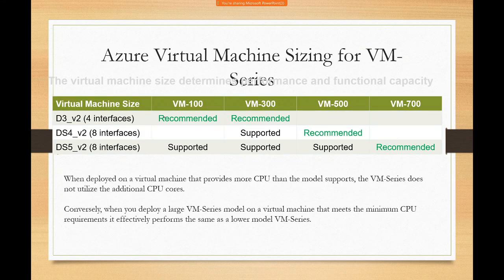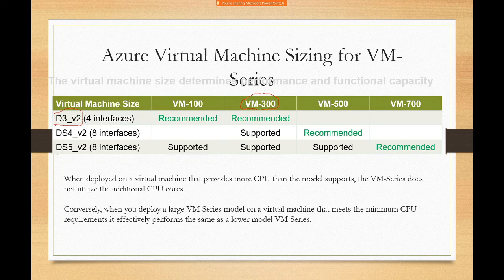It is highly recommended to follow this slide, especially for the deployment engineer. Let's assume you have deployed VM 300. In case of VM 300, you need to select DS3 v2. It's Azure terminology for virtual machine sizes.